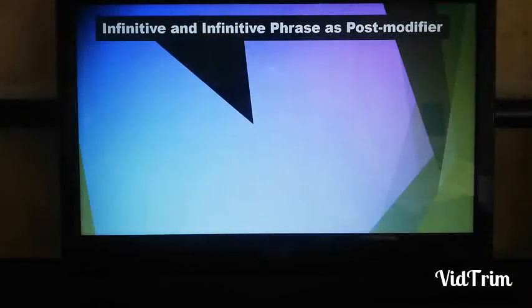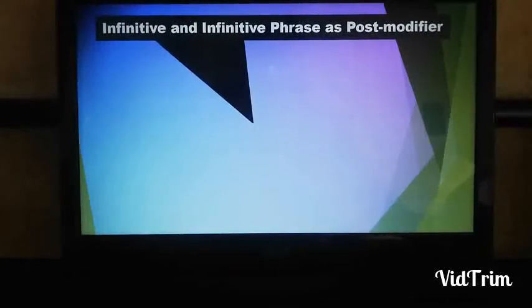In the next rule, we will discuss infinitive and infinitive phrase. You must know, I think, infinitive is formed with the preposition to, and with it there will be the present form of the verb. This formation is infinitive.